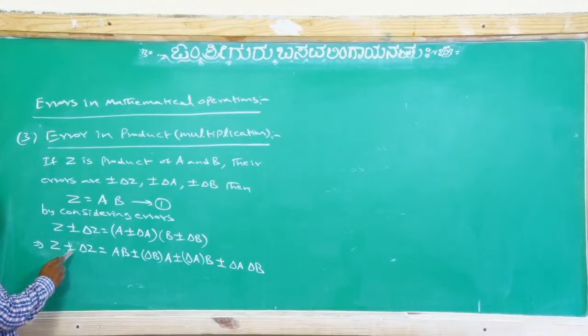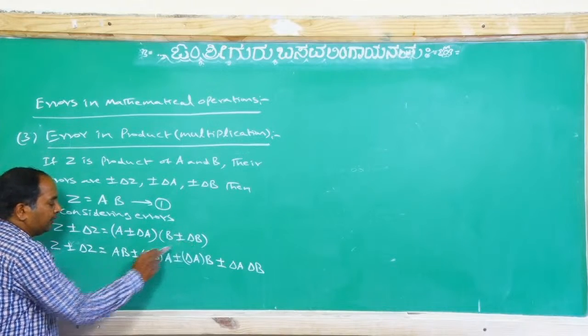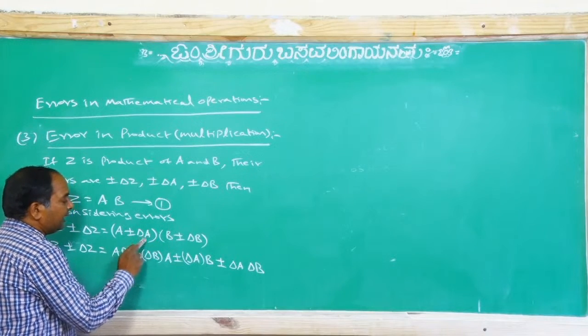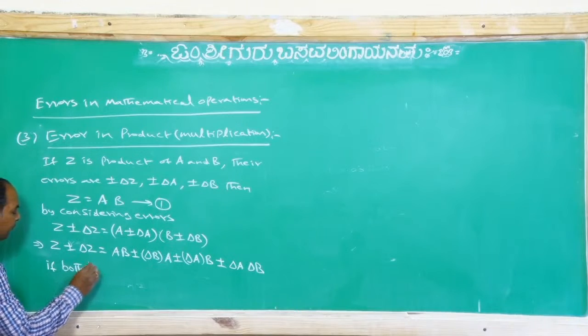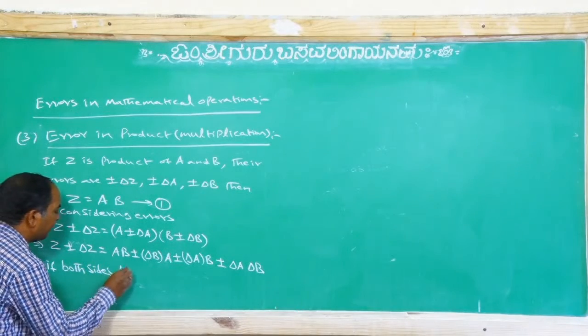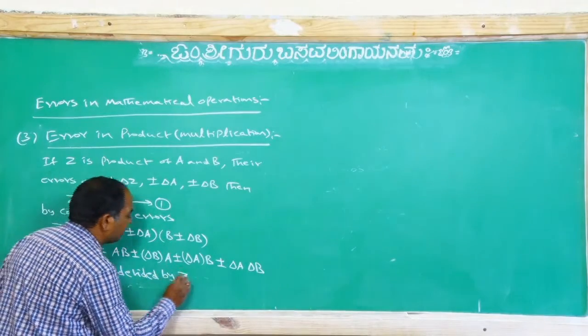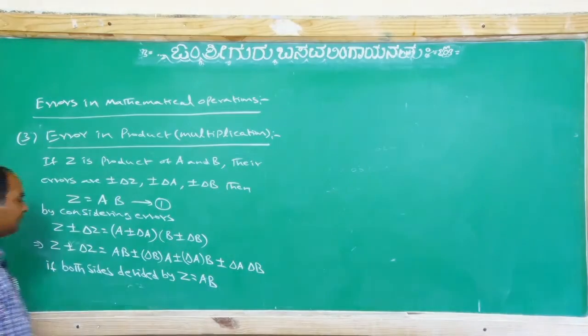Here, plus or minus delta Z is equal to A into B, A into delta B, delta A into B, and delta A into delta B. Okay. So, here, dividing both sides by Z, that means by AB.